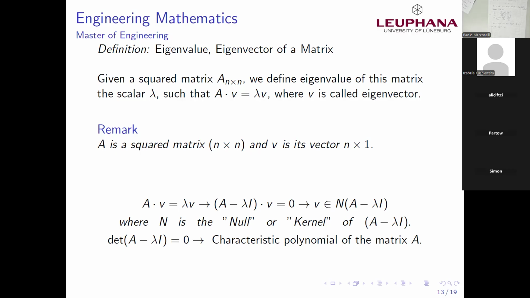This means we have to exclude this. Otherwise, the definition includes this, but we are not interested in it because it is trivial. It's clear that 0 belongs to the set of eigenvectors, but it's the trivial one. Everything multiplied by 0 is equal to 0.